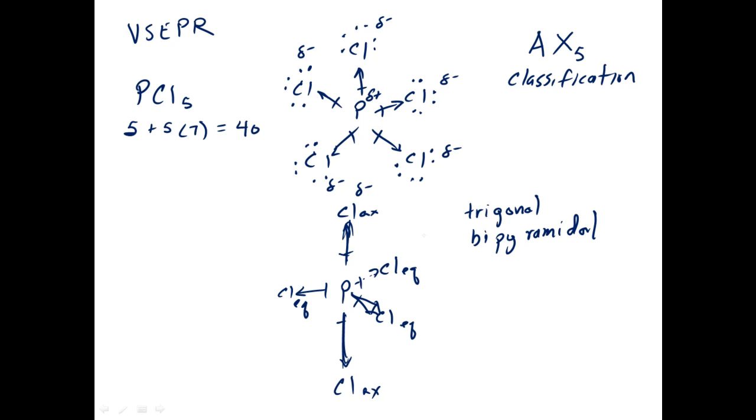Or if you like, if you make the chlorines all partially negative and the phosphorus partially positive, there's no way you can draw an imaginary line through this molecule and get a positive end and a negative end, which means a dipole moment. So there's no dipole moment in this molecule, and therefore this molecule would be nonpolar.